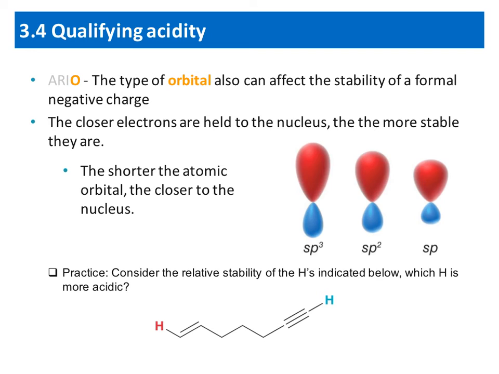So if I do a little bit of math, the sp3 orbital has about 25% s character and 75% p character. Now if you look at the sp2 orbital, we have more s character there, 33%.